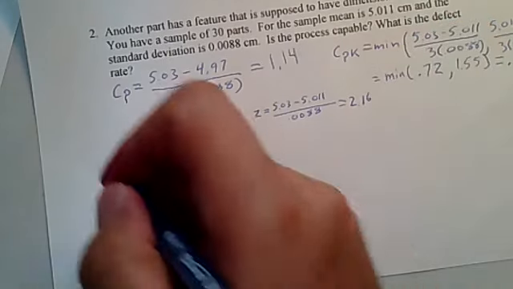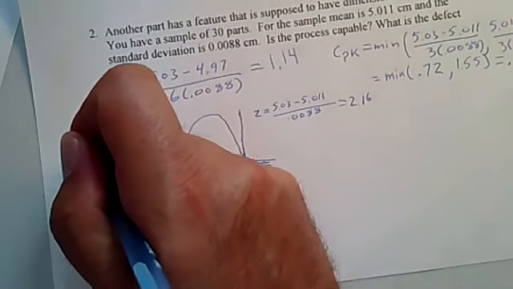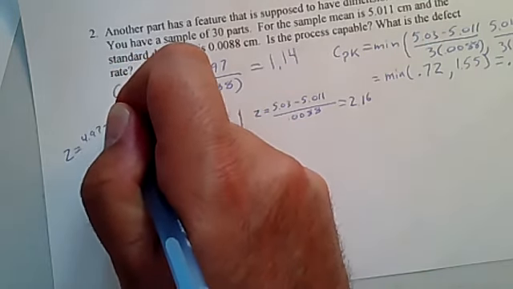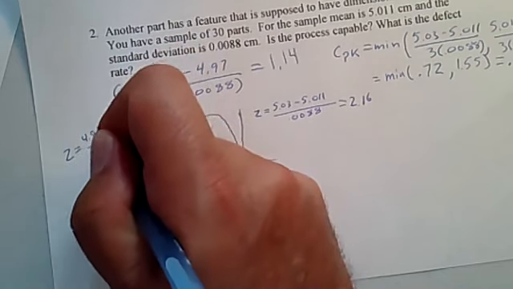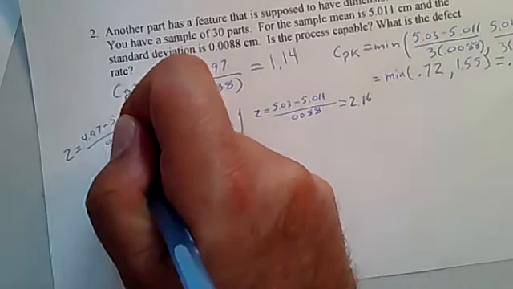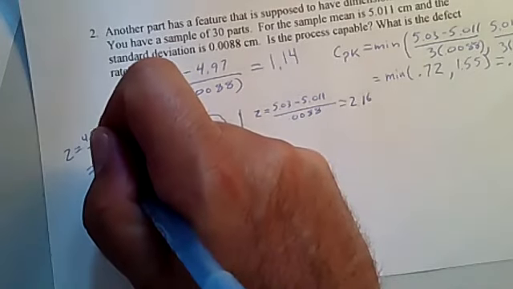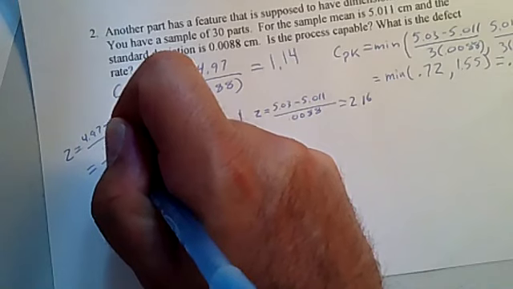On the other side, I'm going to have z equals 4.97 minus 5.011 divided by 0.0088. So that z-score, 4.97 minus 5.011 divided by 0.0088, is negative 4.565.